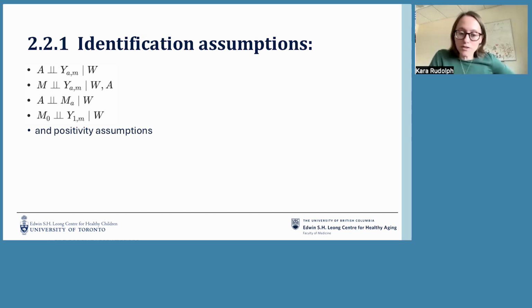What you'll notice with this fourth assumption is that it's making an assumption about the counterfactual mediator in one world, had we set treatment equal to the reference value, and how it's related to the counterfactual outcome under the opposite hypothetical world. So it's relating these two counterfactual variables, but in two different hypothetical worlds at the same time, under treatment and under no treatment.